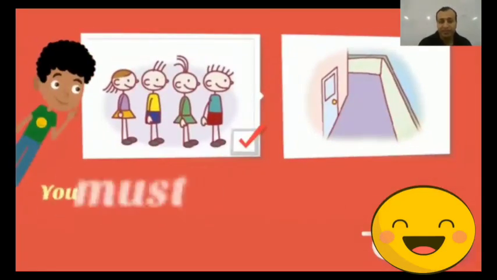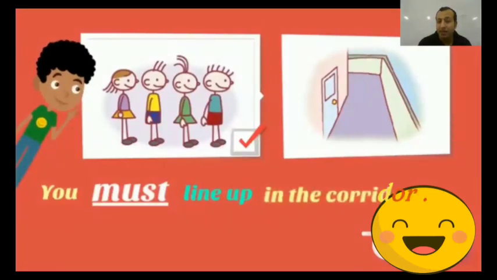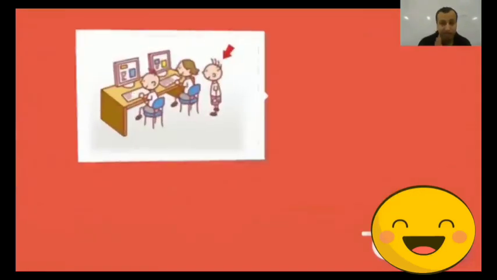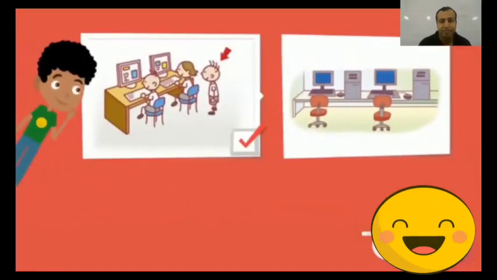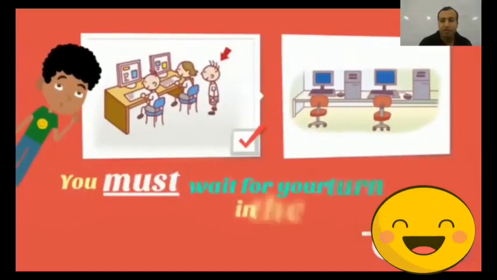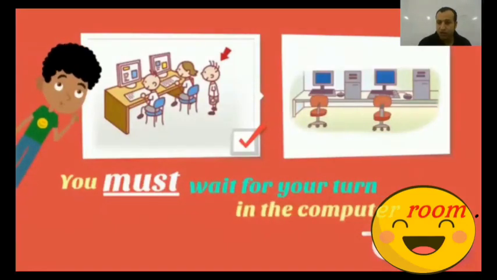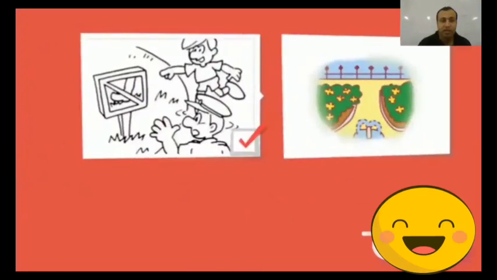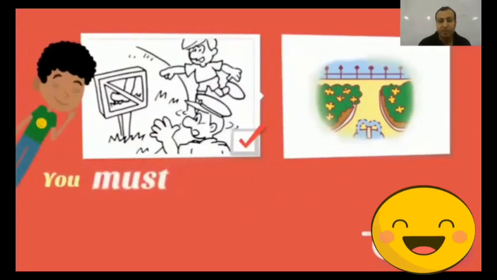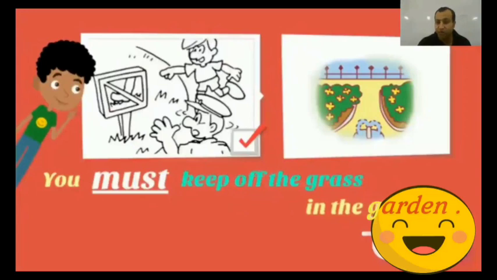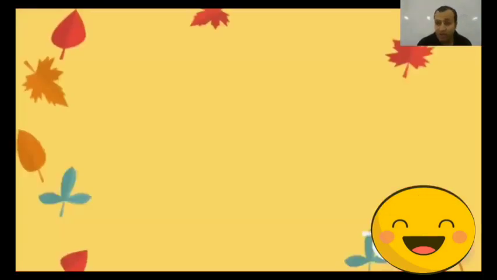Number 3, you must line up in the corridor. Number 4, you must wait for your turn in the computer room. Number 5, you must keep off the grass in the garden.